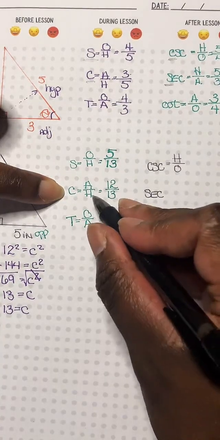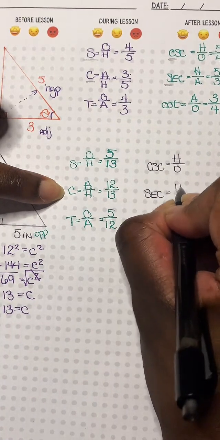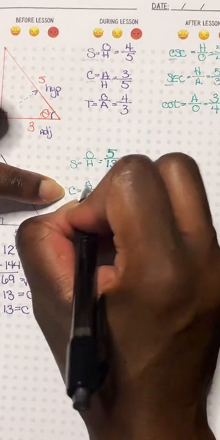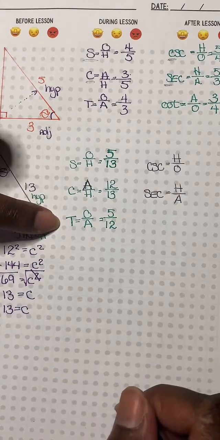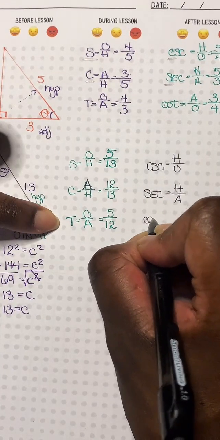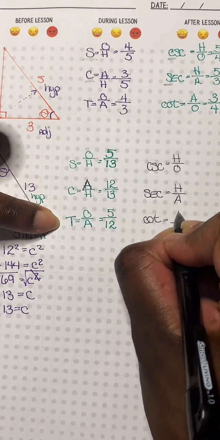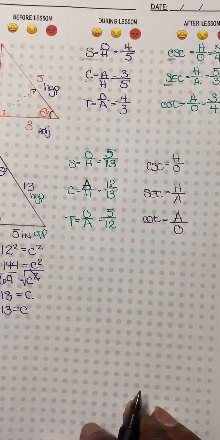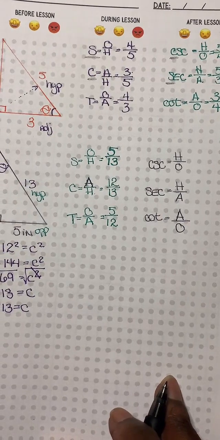And all we're doing is flipping this ratio. So we have our hypotenuse over our adjacent. That's supposed to be an A. I know it looks like an H. Now for my tangent, the inverse is cotangent. And cotangent will be your adjacent over the opposite. Okay. Yes, math.